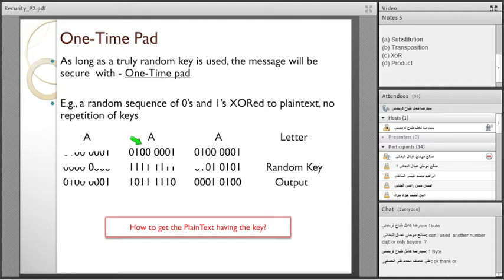You see, in this example I use the same pattern for A, for one letter, but I use different keys for XOR, and you see that the result is totally different. So it depends on the key. The character is the same, but the keys are different. I just wanted to show you that depending on the key, the result will be different.